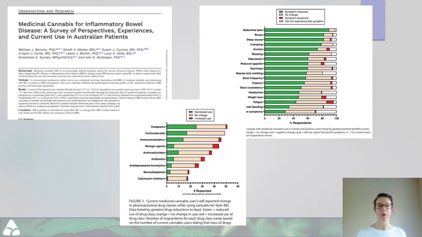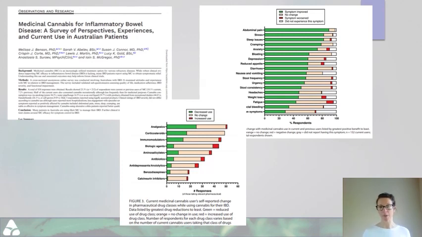Another interesting finding from this study, which echoes some data that we heard already, is that a lot of these patients reported that they decreased the use of their other medications when they started using medicinal cannabis. The number one thing that there was a reduction in is analgesics, so less pain relief required.